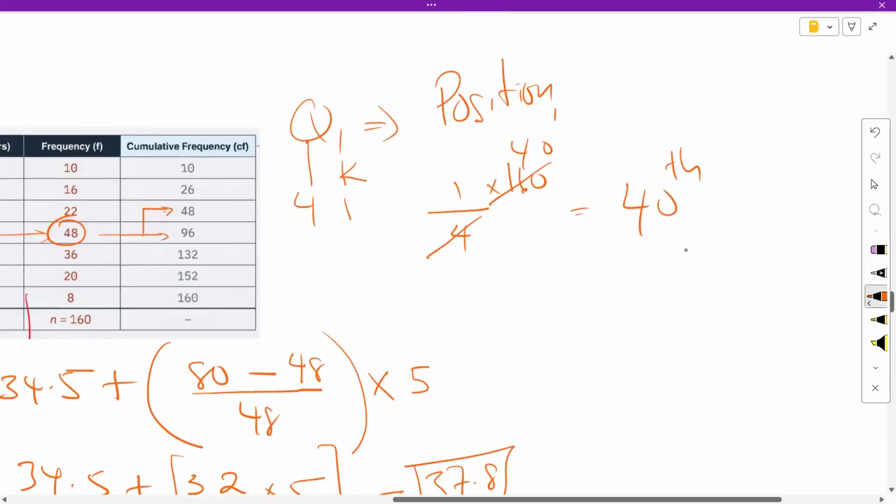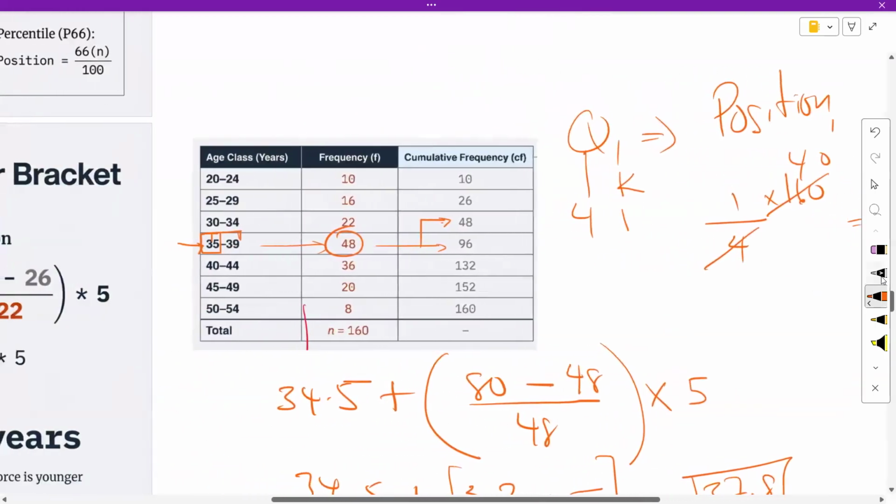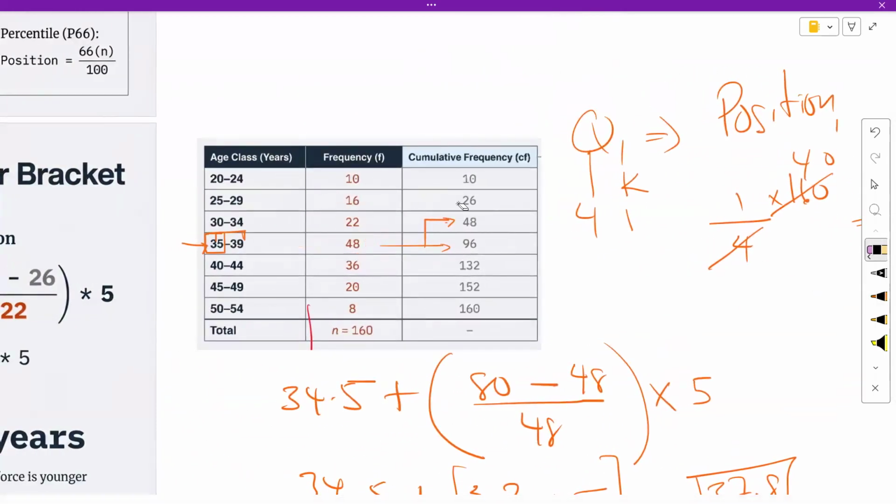First we have to identify the model class. In which class does the 40th observation fall? 30 to 34.